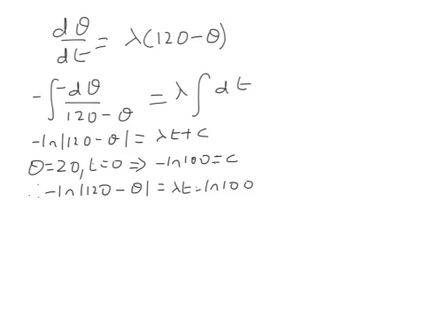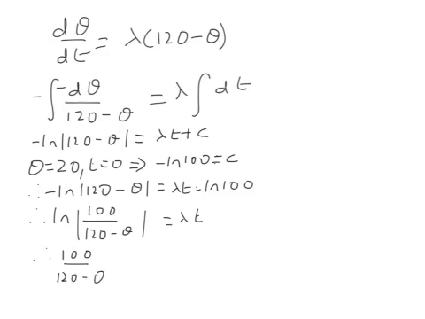There's a minus sign there. Let's add ln 100 to both sides, and we get a ln minus a ln, so it's ln of 100 over 120 minus theta equals lambda t. Let's do e to both sides, so 100 over 120 minus theta is e to the lambda t.